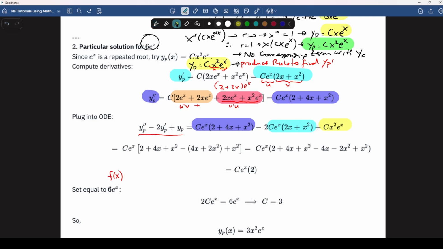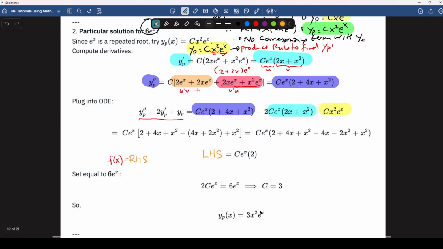This is the L, left hand side, and the f of x is our right hand side. So 2c times e to the power of x equals the right hand side, 6e to the x.